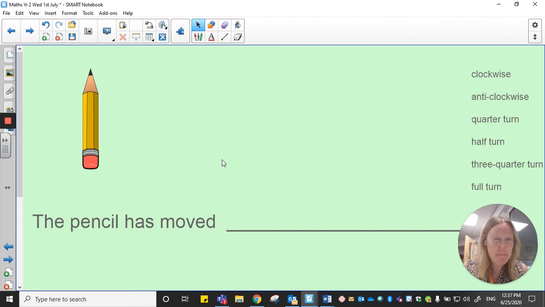Did you get it? And then what about the direction? Imagine you're 12. You got it? See, it was a 1/2 turn, and it was anti-clockwise. Let's put it together in the sentence with the sentence stem. The pencil has moved a 1/2 turn anti-clockwise.